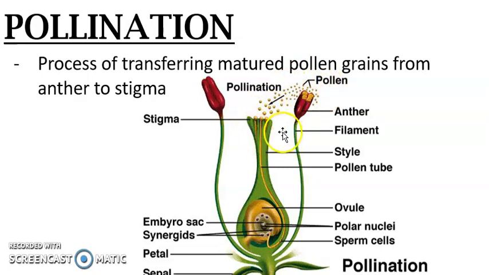Atas ni stigma. Ni pollen ni biji benih. Kita panggil kawasan ni anther.